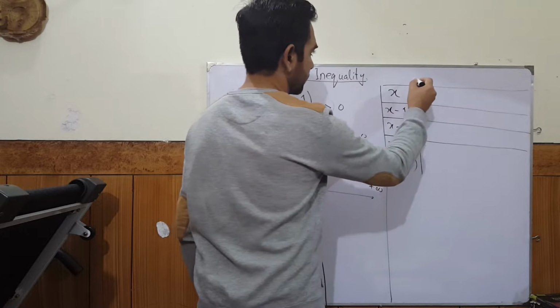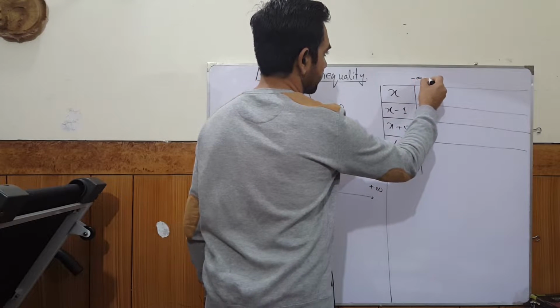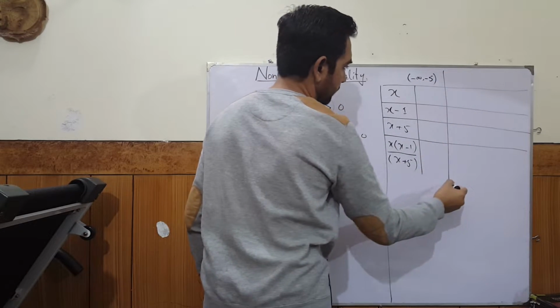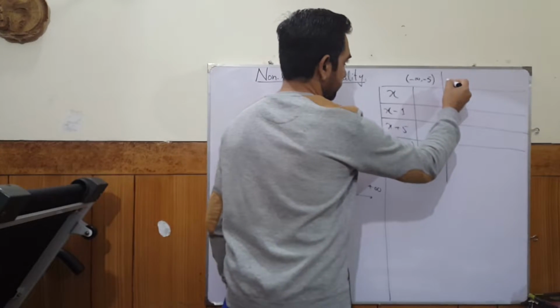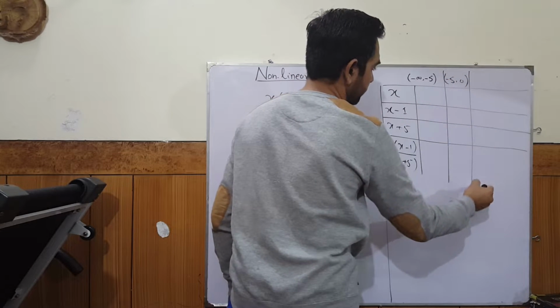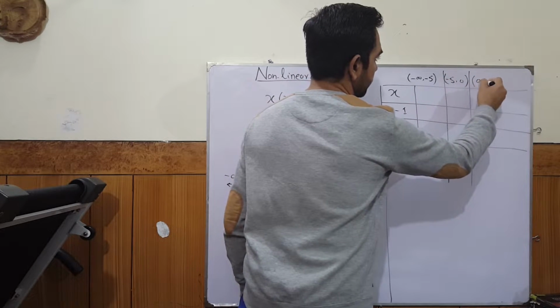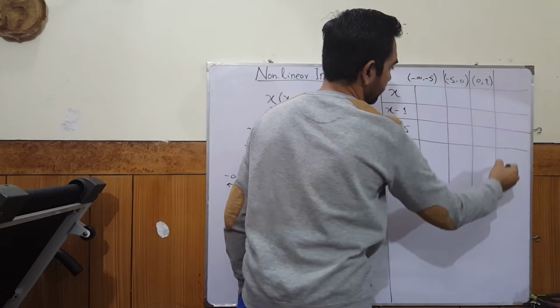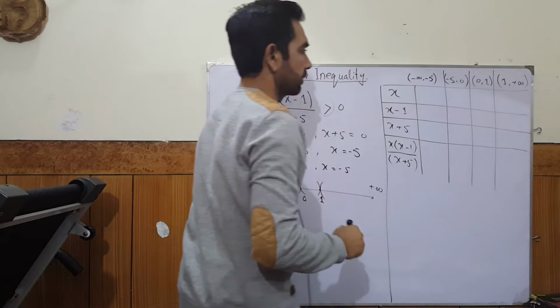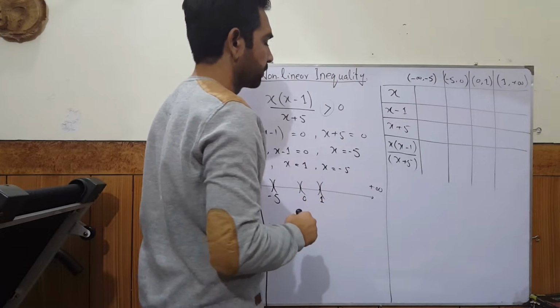And then we find out the sign in the minus infinity to minus 5 interval, from minus 5 to 0 interval, from 0 to 1 interval, and from 1 to positive infinity.